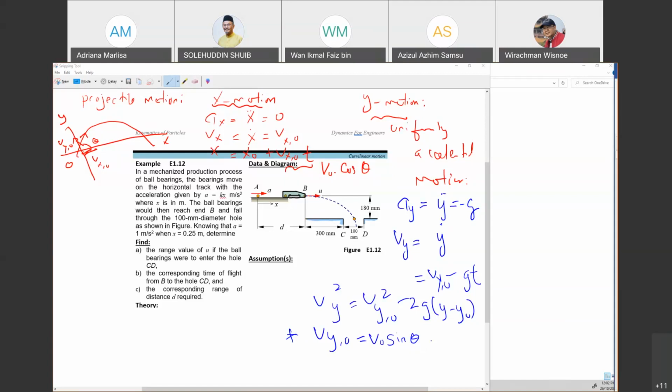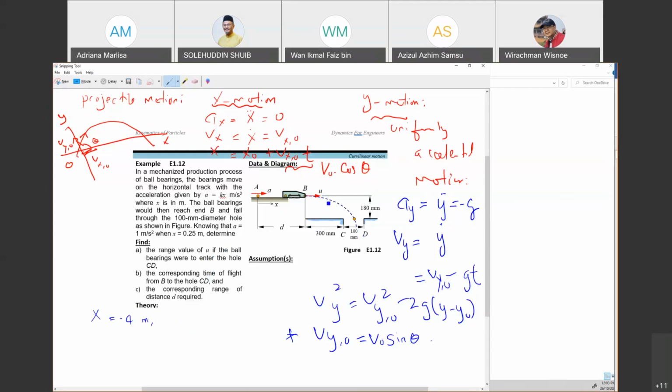What is the solution of it? By knowing all of this, by applying all of this into this question, we start with the first one, maximum u. Kita kata tadi, maximum u when the bearing hit D. Maknanya X equal to 0.4 meter, and then Y. Nampak ah?